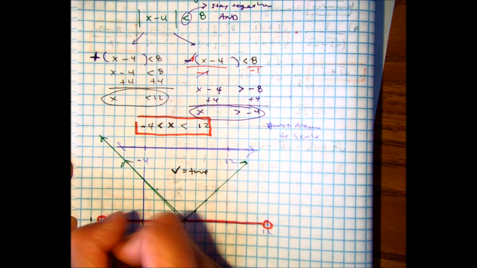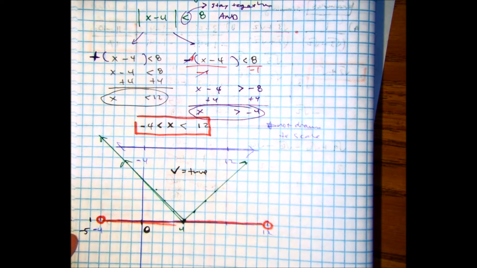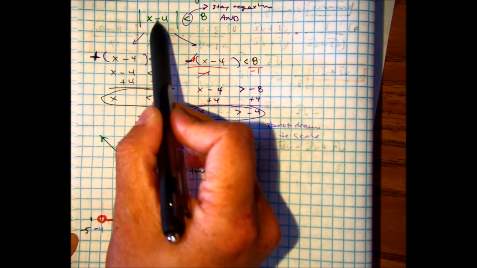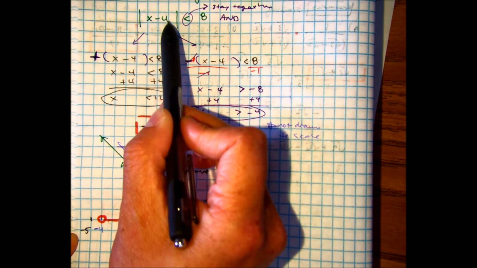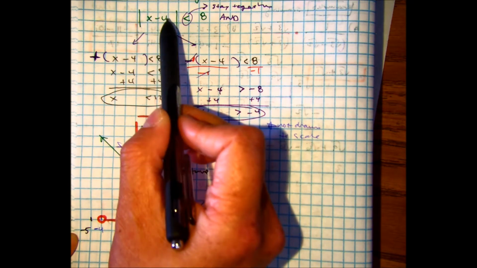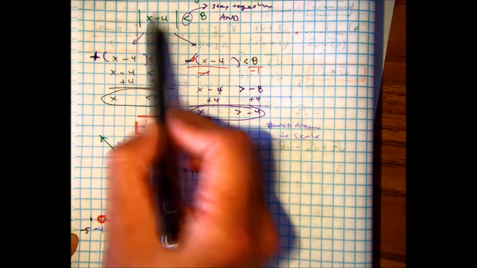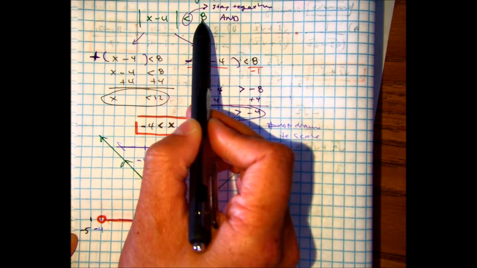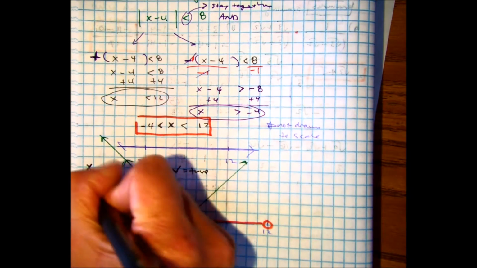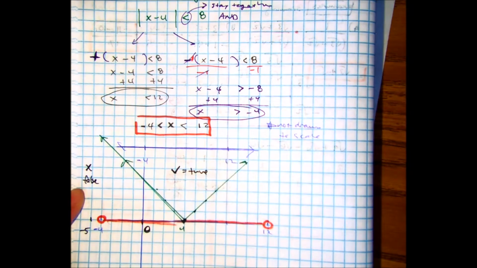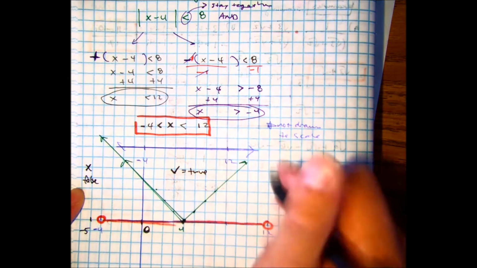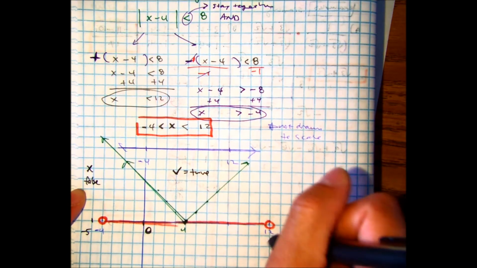Let's test -5. -5 minus 4. And what's the absolute value of -9? 9. Is 9 smaller than 8? False. Let's test a number bigger than 12.